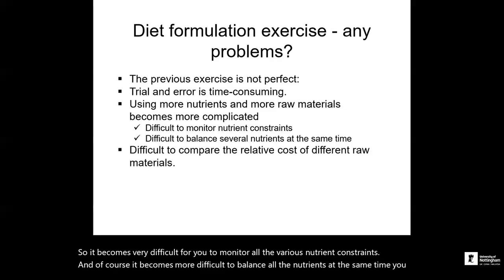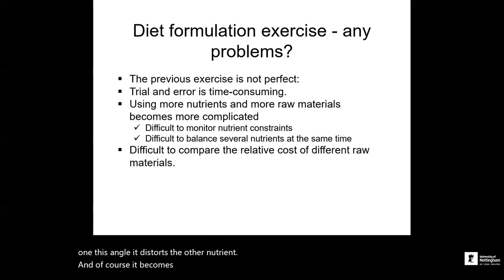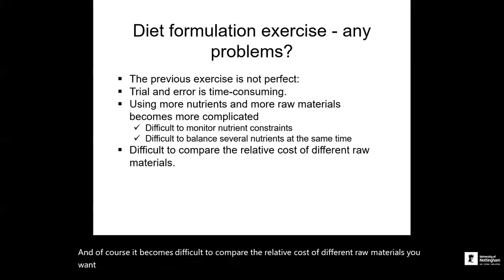You add one, and it distorts the other nutrient. And then of course, it becomes difficult to compare the relative cost of different raw materials. You want to compare the relative cost of taking out 1 kg of maize, putting in 1.1 kg of wheat, or 1.3 kg of barley.